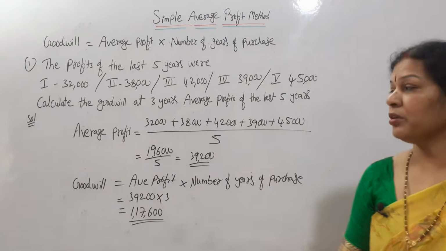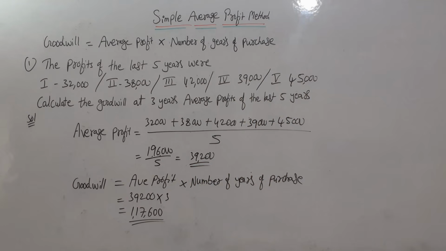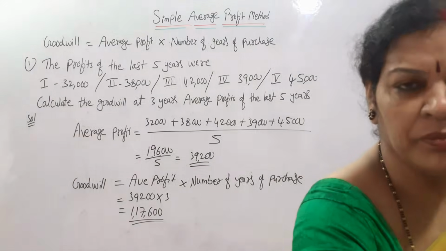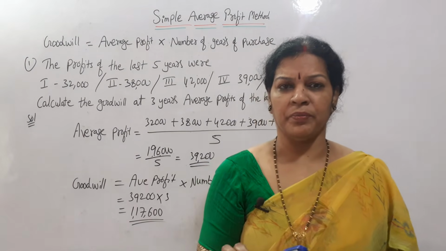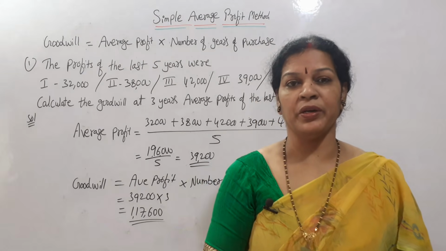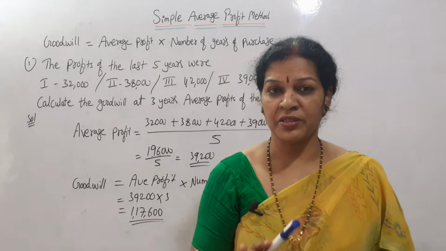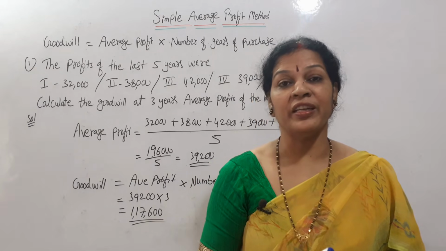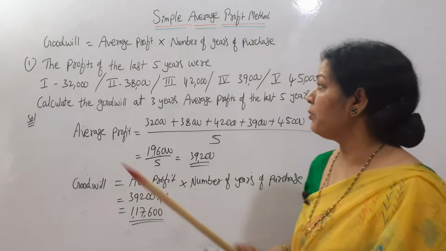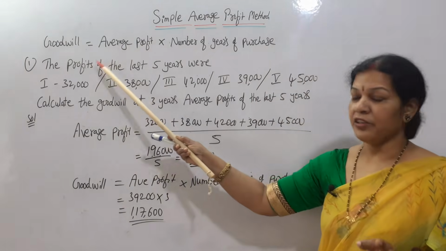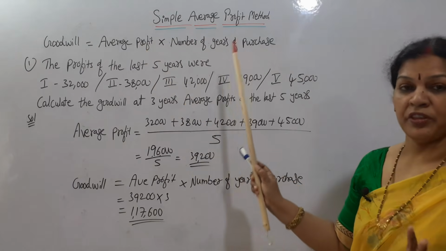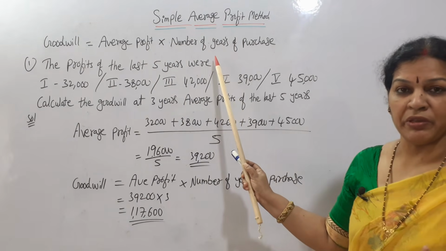First take a screenshot or note it down. Let me explain the problem. It is a basic problem. If you understand step by step, we'll go ahead and complete all the methods. Right now we have discussed the simple average method for calculation of goodwill. The formula you have to remember: goodwill equals average profit into number of years purchase. The number of years purchase and the profits are given in the problem.